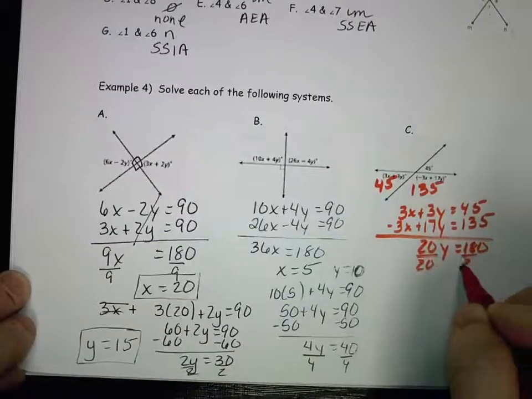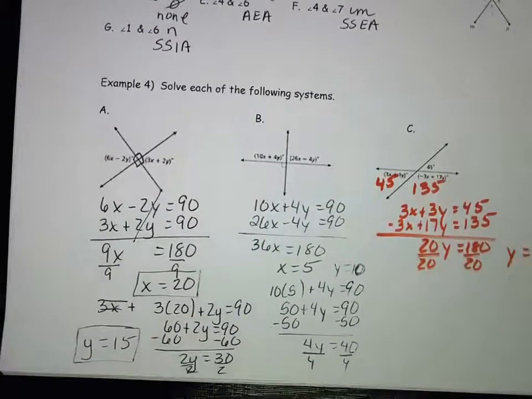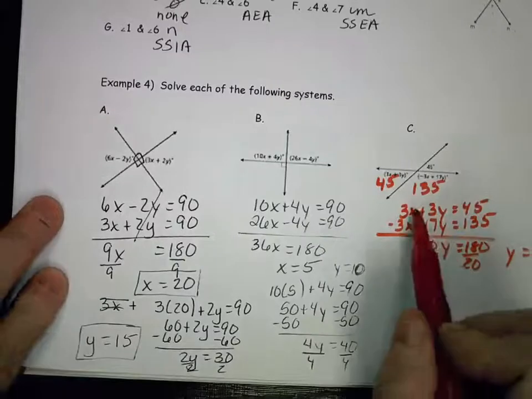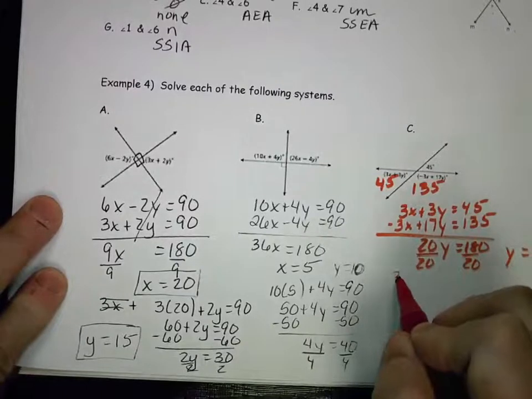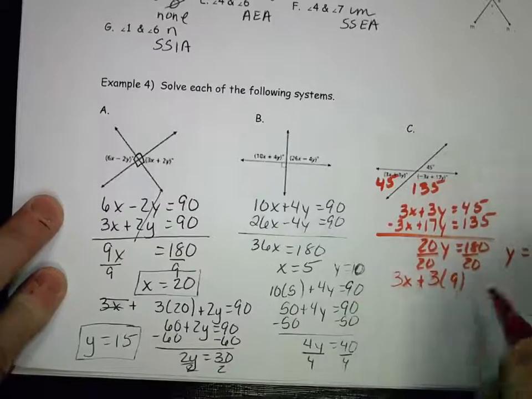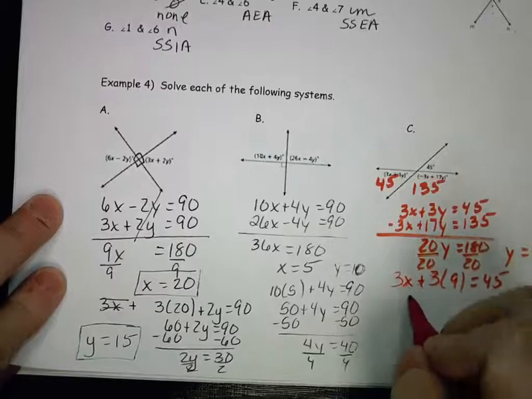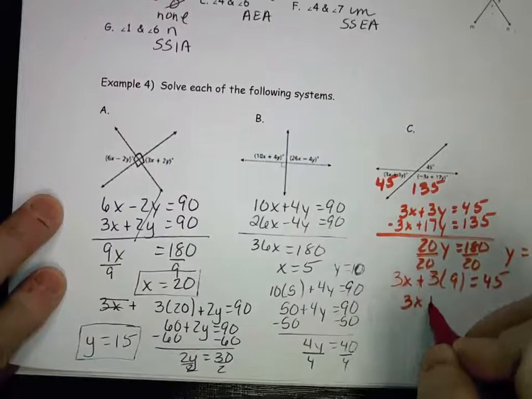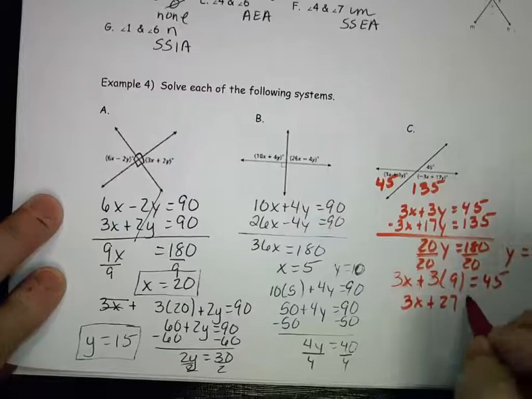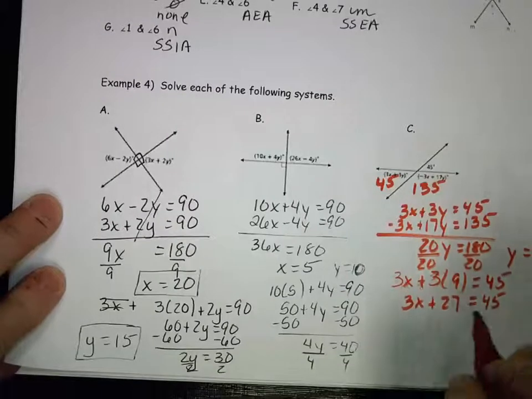And when you divide both sides by 20, y equals 9. And then I'm going to put that into the first one. So 3x plus 3 times 9 equals 45, which becomes 3x plus 27 equals 45.